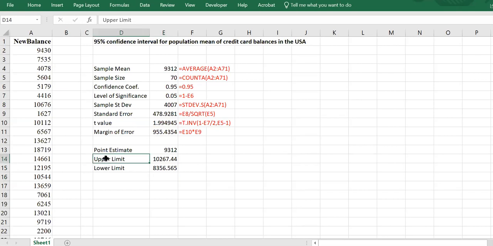So what does that mean? What are these numbers telling us?